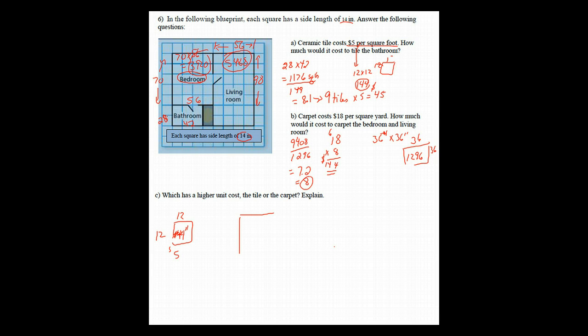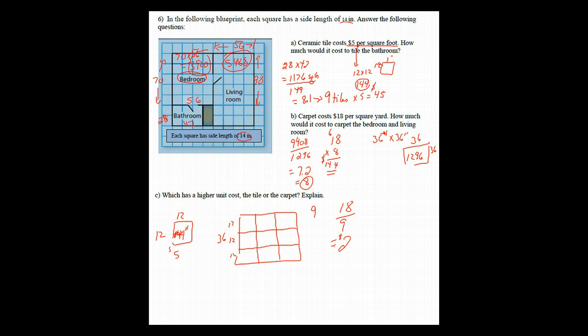Our carpet is done as 36 inches, or you could think of it this way: you could fit 3 tiles going across, because each will be 12 inches wide, and the same across the top. So you could fit in 9 tiles, and the cost, if you want to think of it that way, is $18 divided by 9.